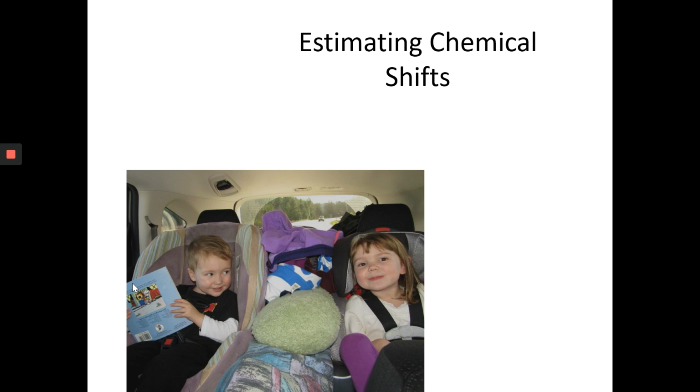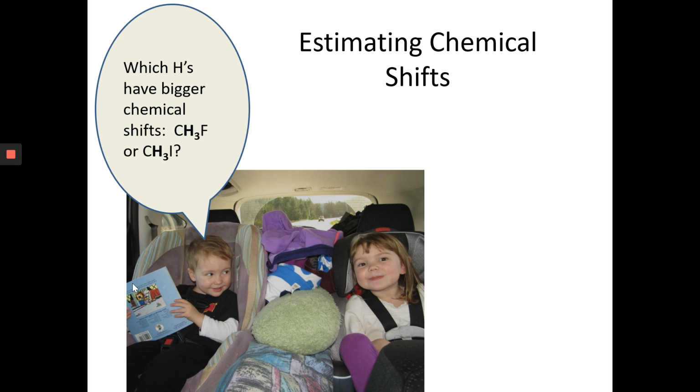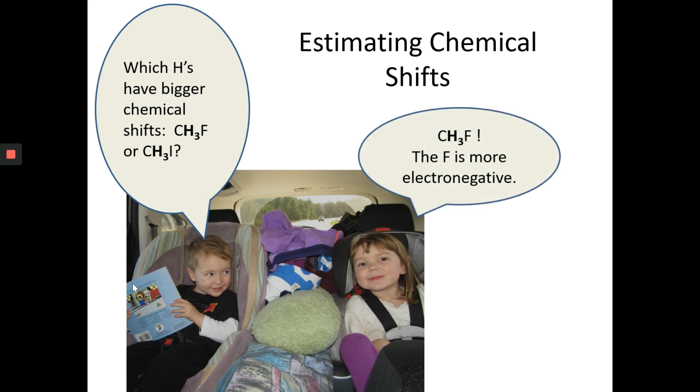It looks like my son has a question. Which hydrogens have bigger chemical shifts, CH3F or CH3I? Well, what do you think? Take a minute and ponder that. If you had to guess without looking it up, which one has a bigger chemical shift? Piper says that's actually pretty easy.